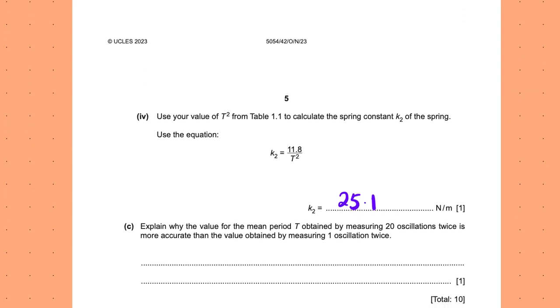Explain why the value for the mean period t obtained by measuring 20 oscillations twice is more accurate than the value obtained by measuring one oscillation twice. So we know that this is because the greater number of oscillations reduces the impact, the uncertainty introduced by human reaction time. So it reduces the uncertainty because of human reaction time, right?